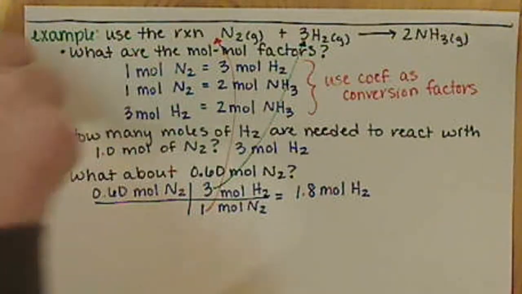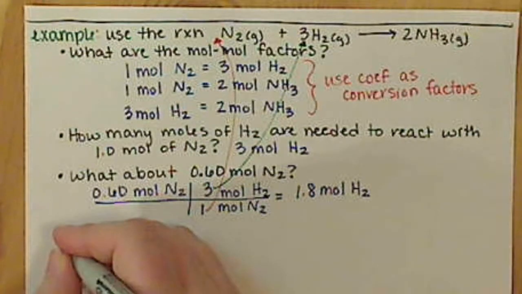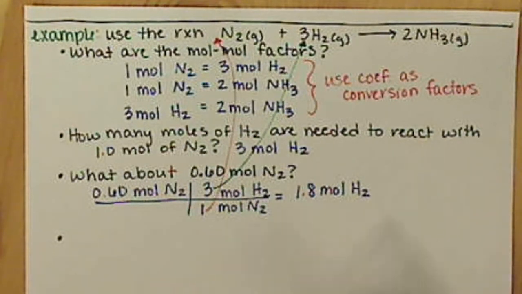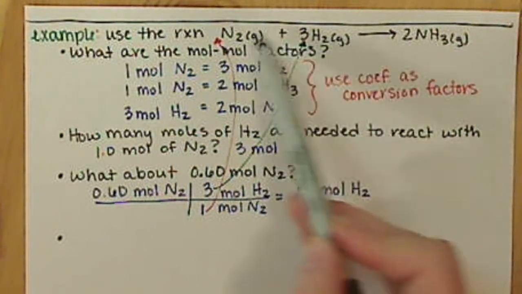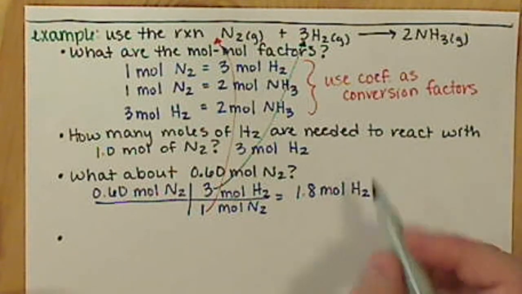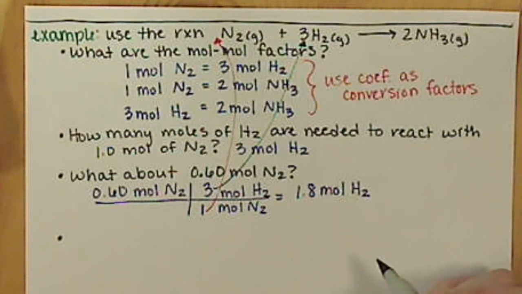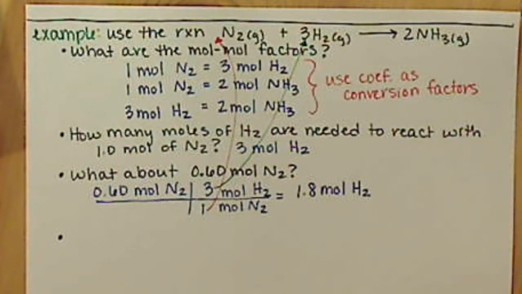All right, let's work another example, still using this same balanced chemical equation. I want to know how many moles of ammonia are produced when 1.4 moles of hydrogen react.